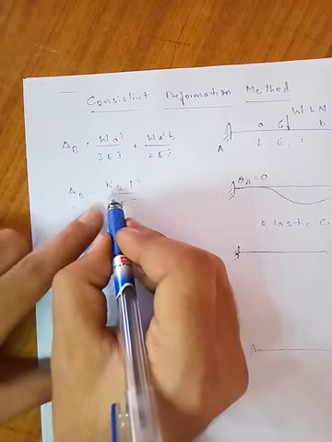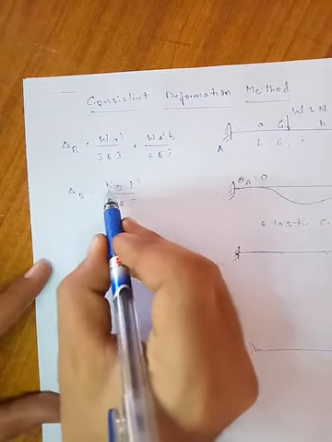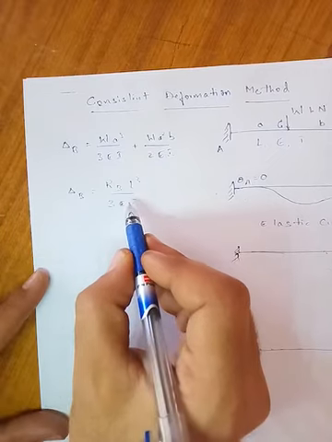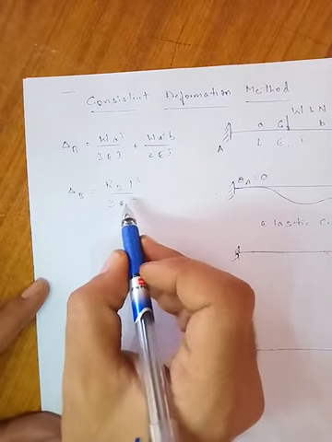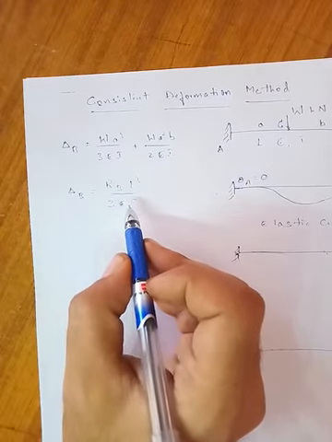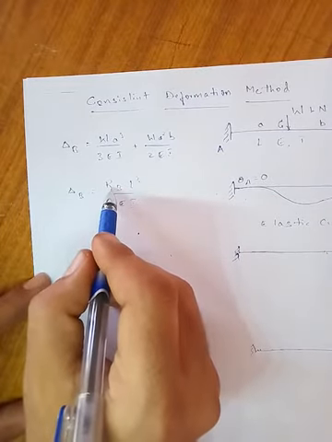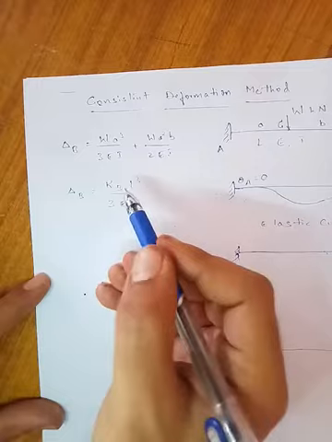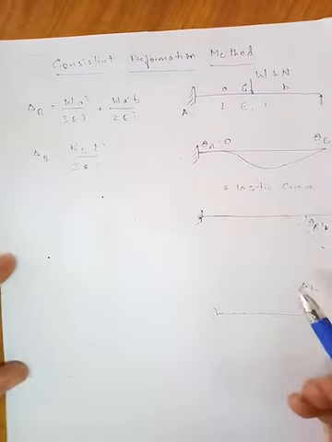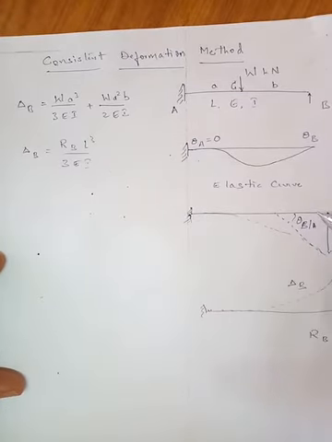Since we have taken the load as RB here, it would have been RB L cube upon 3EI.